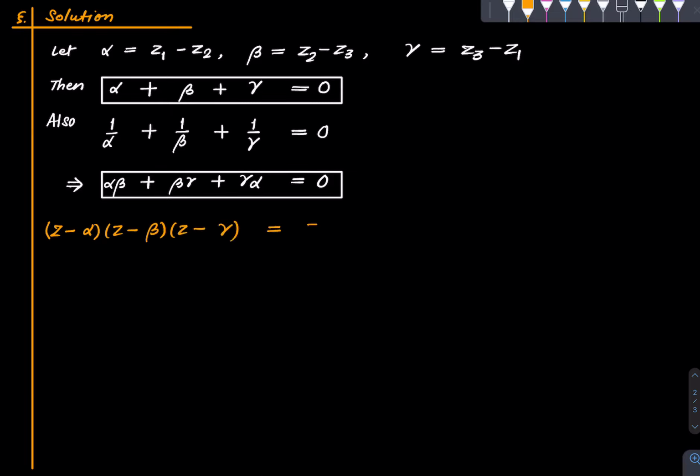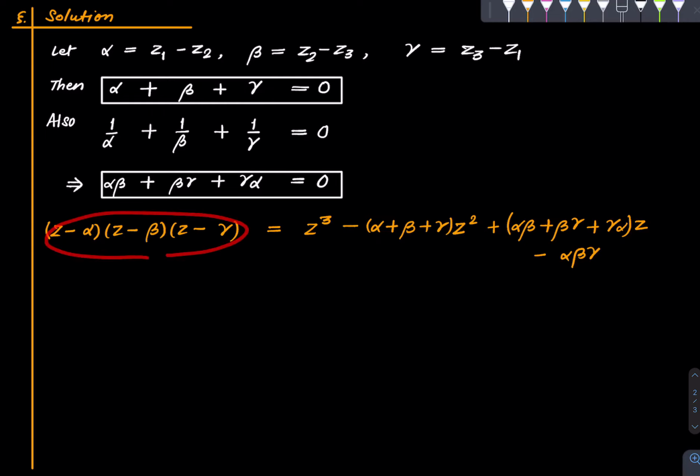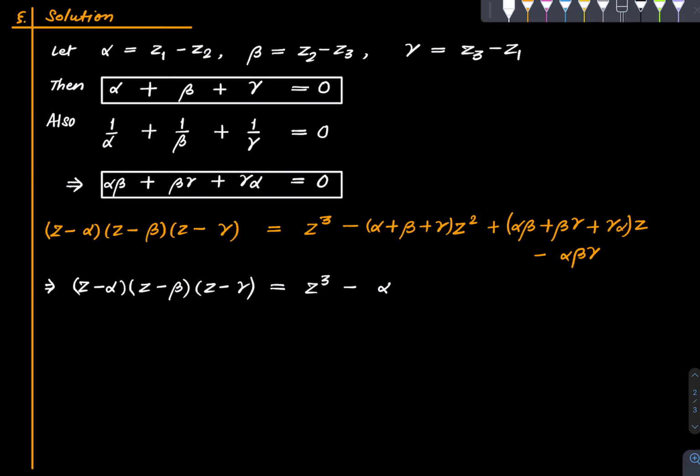We know this is equal to z cube minus, this is a completely general thing, called Vieta's theorem or something, and can be seen just by multiplying algebraically without any thought, minus alpha beta gamma. That's what you get if you expand this out. And now using that these two things are 0, we get z minus alpha, z minus beta, z minus gamma equals z cube minus alpha beta gamma.